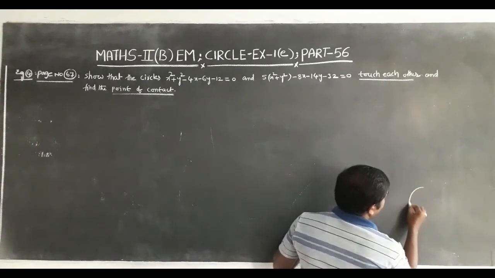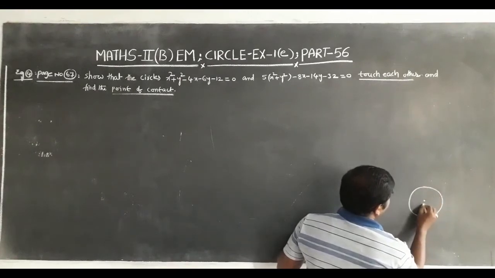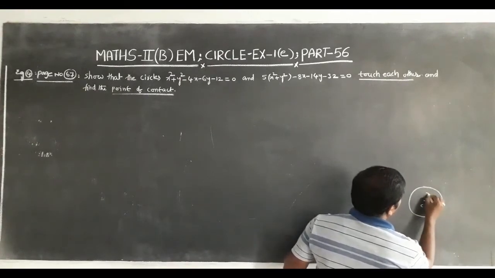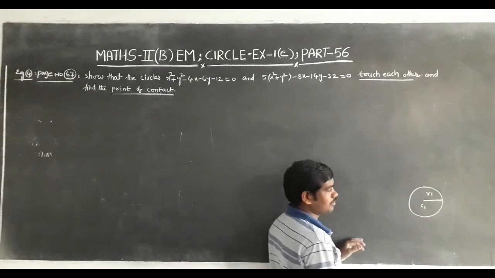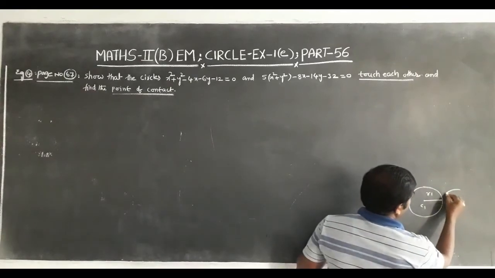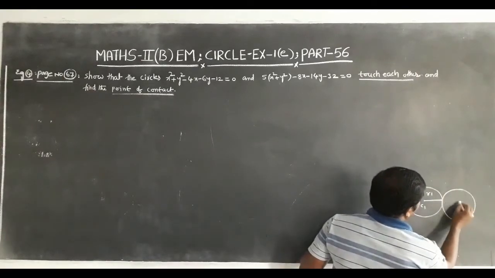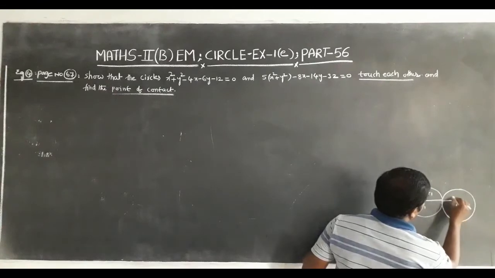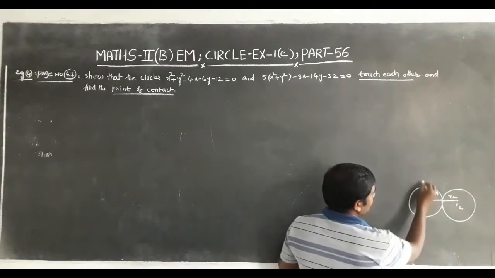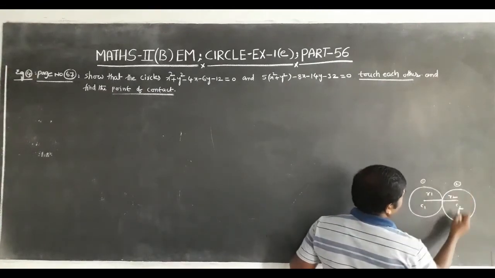This is the first circle, C1 is the center, R1 is the radius of the first circle. This is the second circle, C2 is the center, R2 is the radius of the second circle.